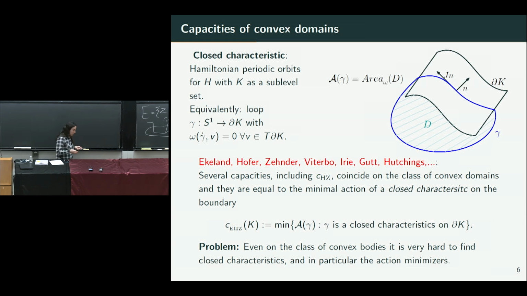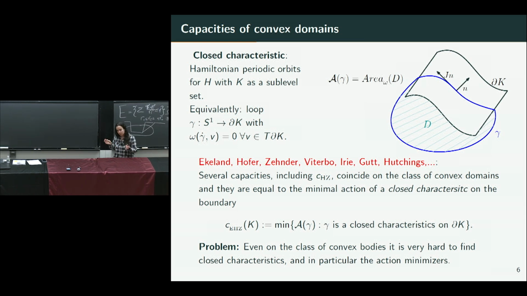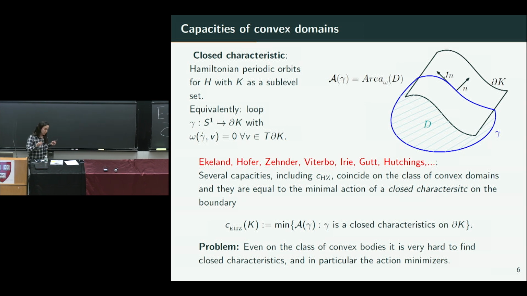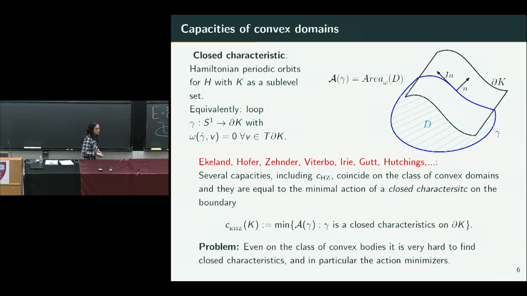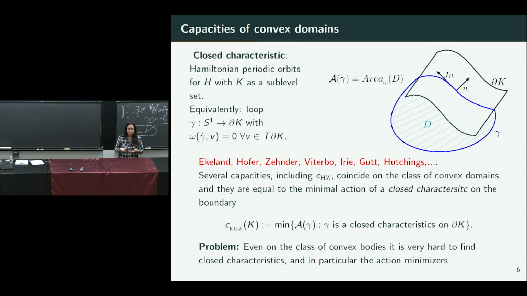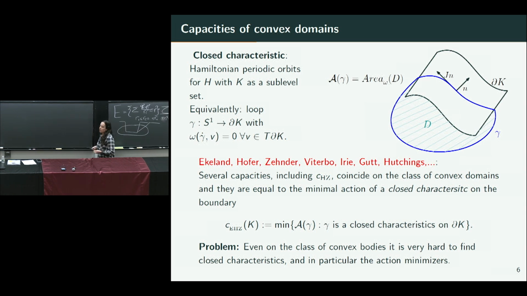And the study of Hamiltonian periodic orbits on the boundary of domains is a very active field of research in itself. So there are still many open questions here, like what are the exact sufficient conditions to guarantee that a closed loop exists, how many there are, whether they're dense, and so on.